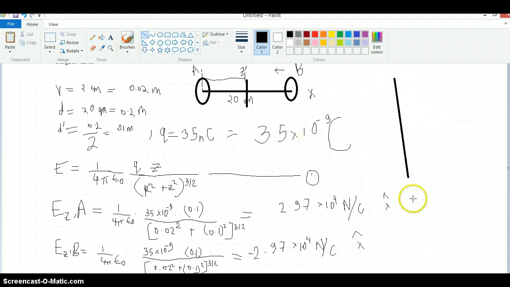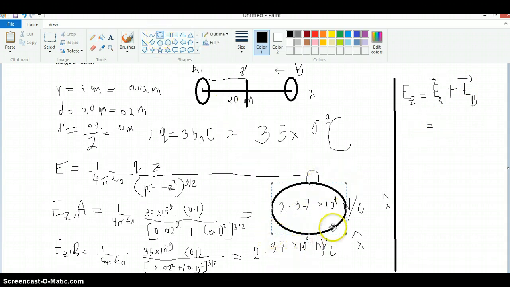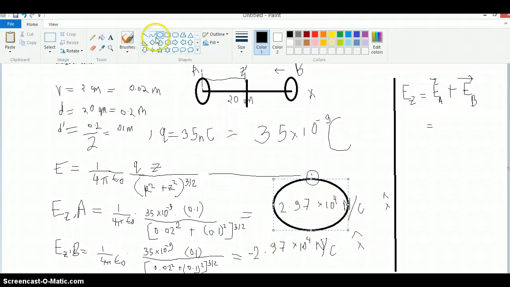Now we can see the total electric field at the distance z is equal to the sum of the electric field due to A and the electric field due to B. These are two vectors, and they have the same value, but in opposite directions.